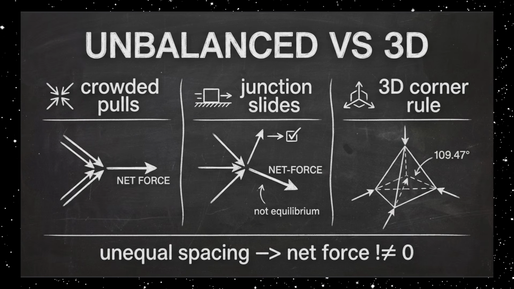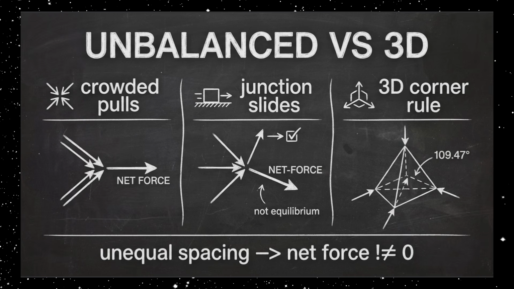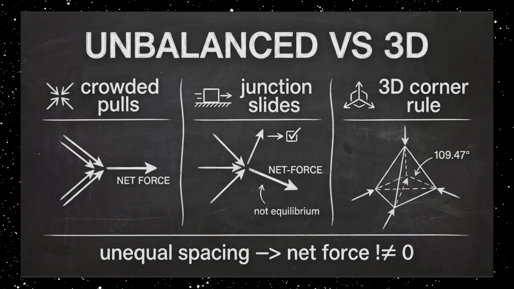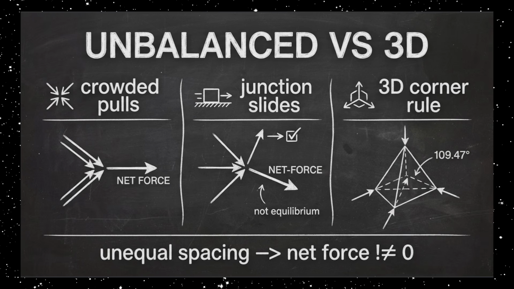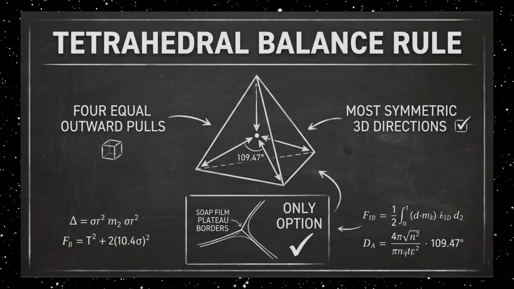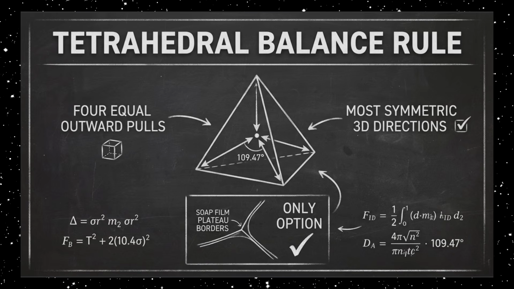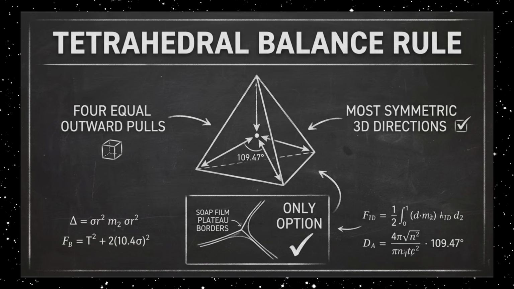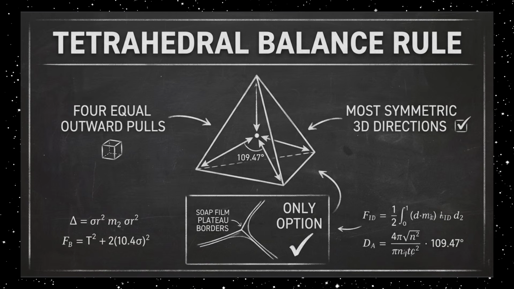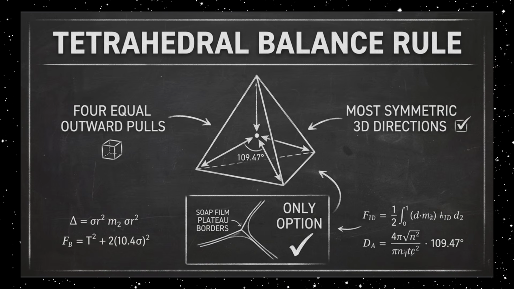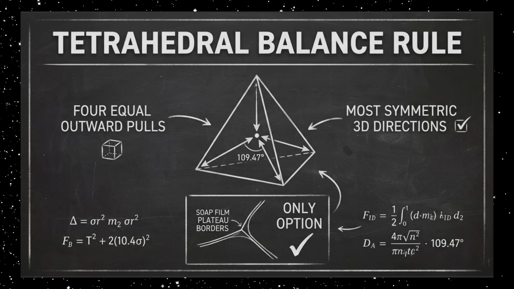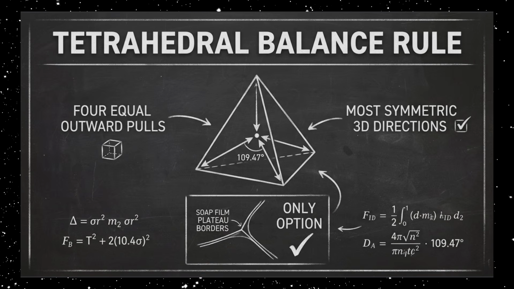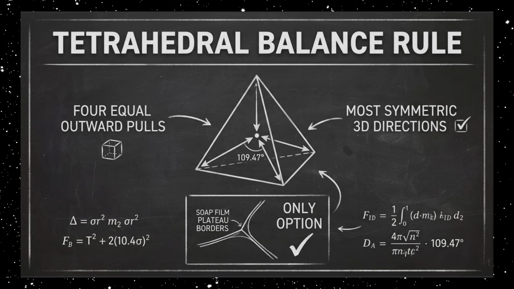And the tetrahedral angle at corners, 109.47 degrees, is the same idea in 3 dimensions. 4 equal forces pulling outward from a single point balance out only if they point toward the 4 corners of a regular tetrahedron. That's the most symmetric arrangement of 4 directions in 3-dimensional space. So when 4 plateau borders meet at a point, the tetrahedral angle is the only stable option.